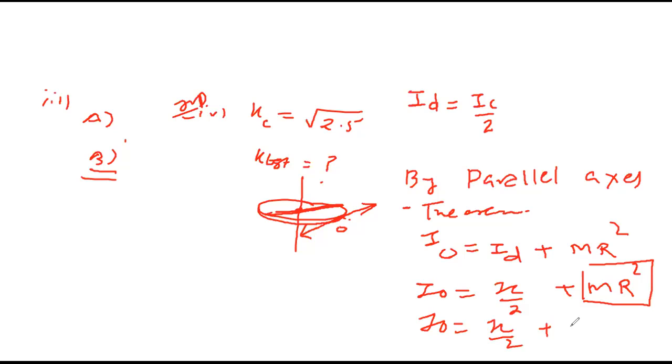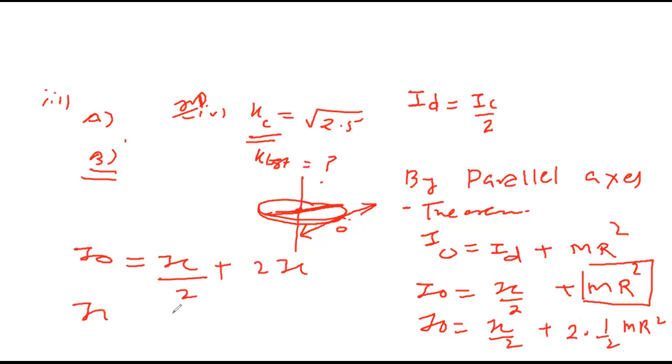MR square by 2. So I am multiplying by 2 and dividing by 2 to get my answer in terms of IC, because IC's radius of gyration I know. So IO will be IC by 2 plus 2 times IC, so IO equals 5 by 2 times IC.